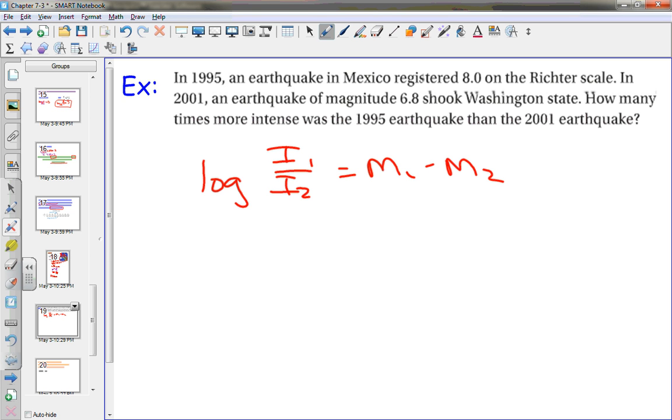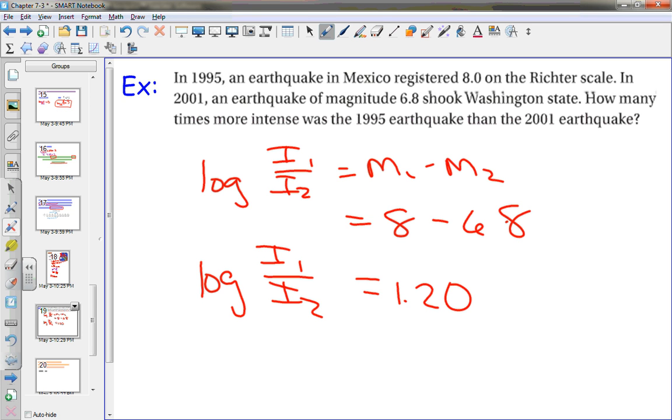What was the first magnitude on the Richter scale? 8. And what was the second one? 6.8. So if I have $8 and I give somebody $6.80, how much money do I have left? $1.20.